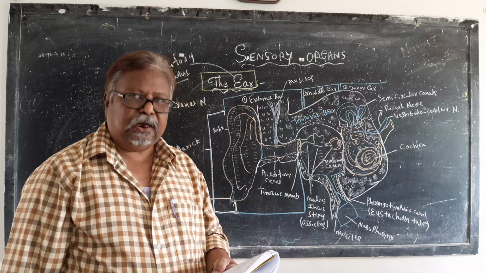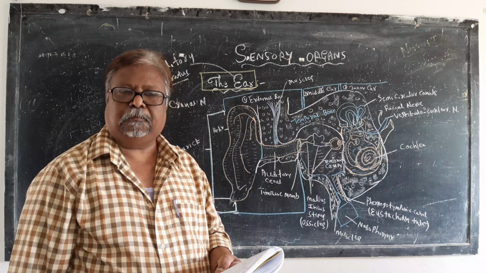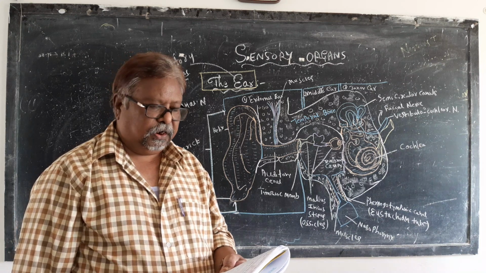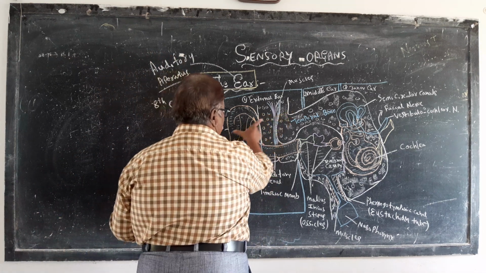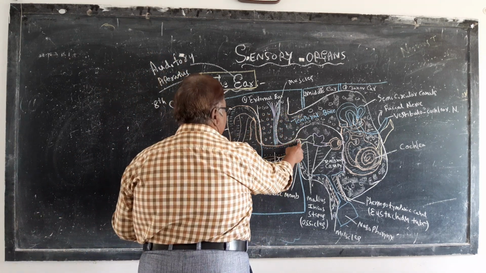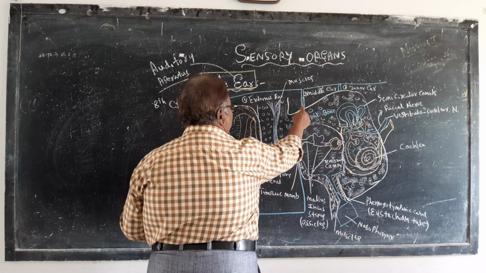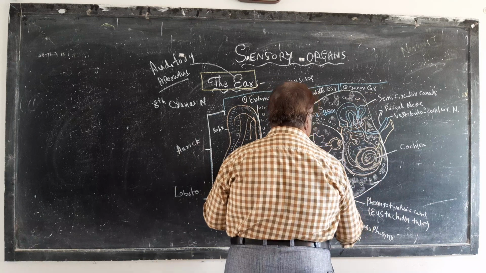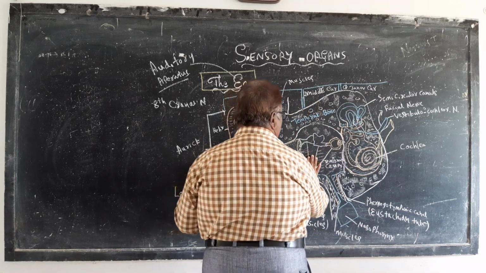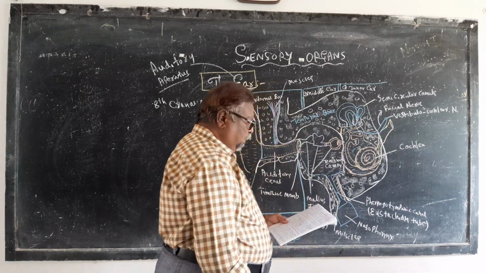The ear is divided into three distinct parts: the external ear, this portion up till the tympanic membrane, then the middle ear, then the inner ear.